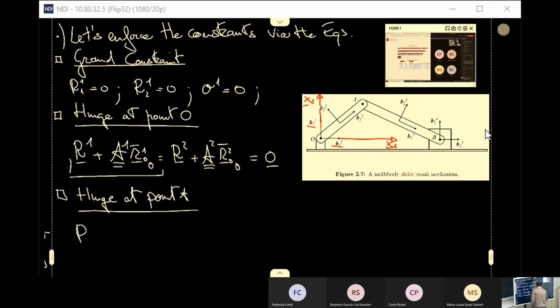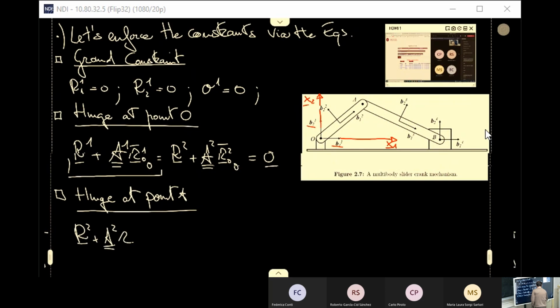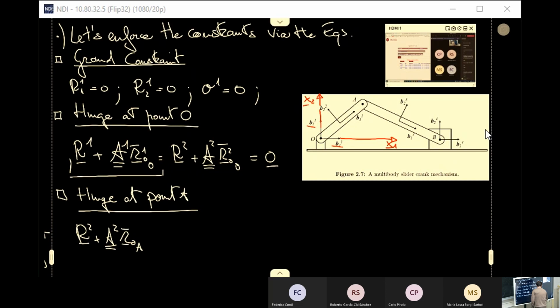So it's R2 plus A2 times R0 of point A with respect to 2, where I should say it's equal to the other thing, but I could also write it like so. Like this. Okay.